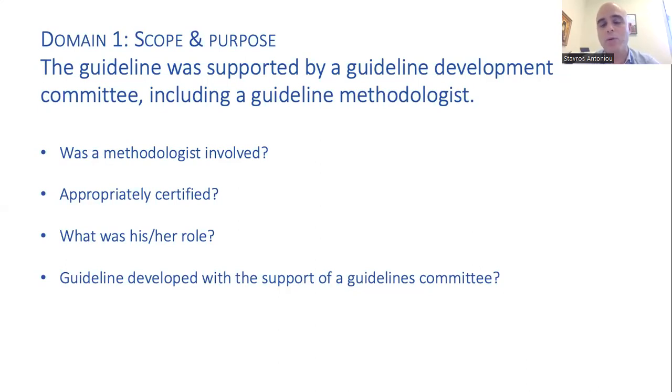And we have quantitative data on that. So you need to check whether a methodologist was involved, whether the methodologist was certified, and what exactly was his or her role in the guideline development project. And last, whether the guideline was developed with the support under the auspices of the Guidelines Committee.